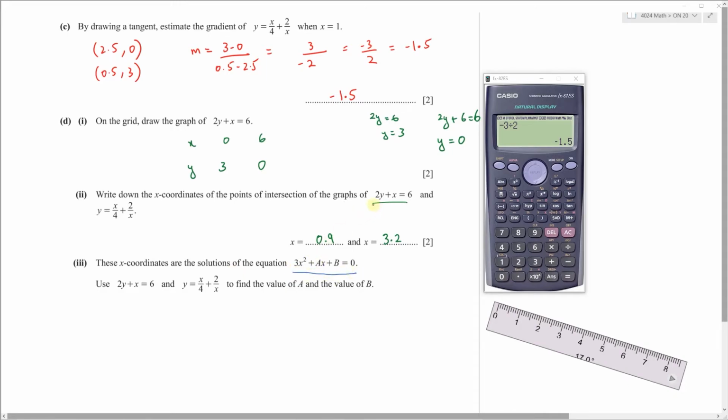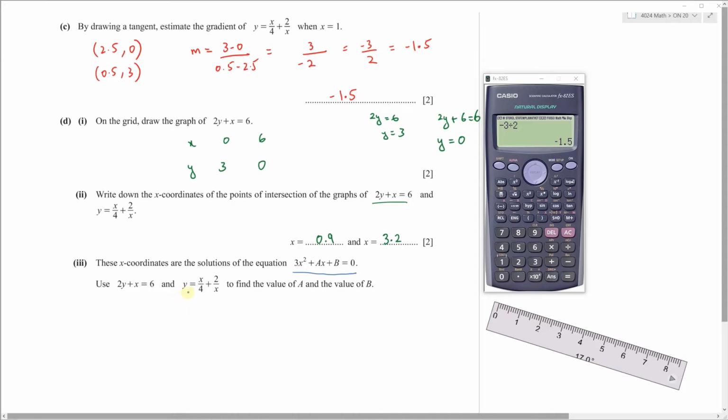That means if you solve them simultaneously, you will get this equation. Hence, you're given to use these two equations to find the values of a and b. If you eliminate the variable y, because you see only x is remaining here, you will get an equation of this form. So we can solve them simultaneously, get this form, and then compare the two equations to find the values of a and b.